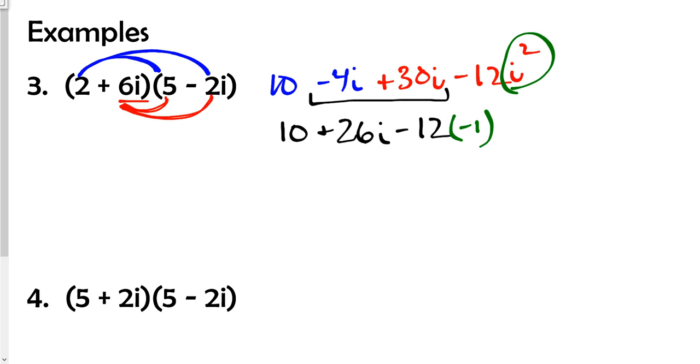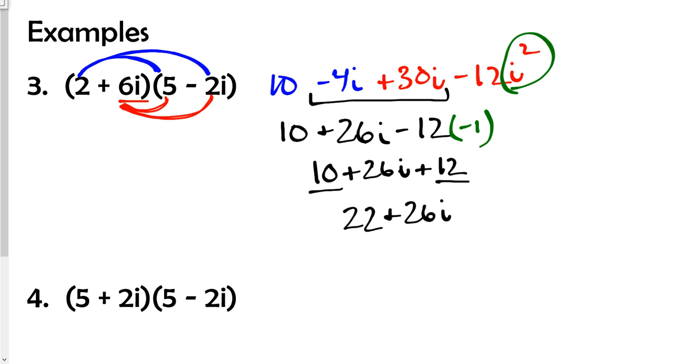Negative 12 times negative 1 is positive 12, so that would be 10 plus 26i plus 12. And then I could combine those two like terms to get 22 plus 26i.